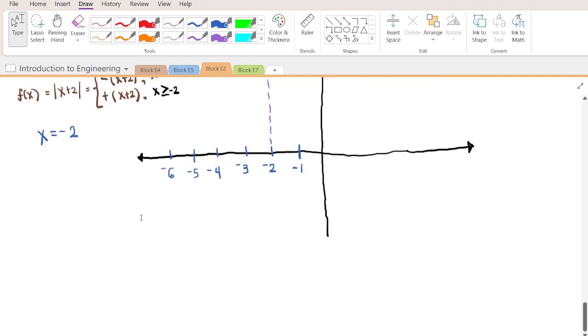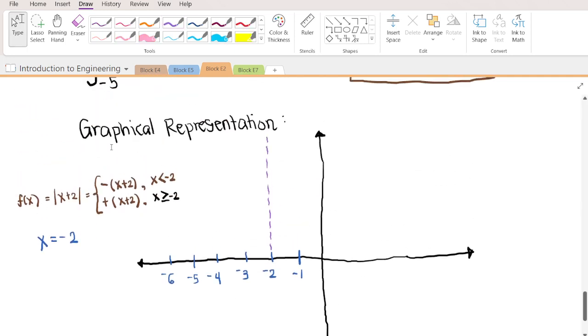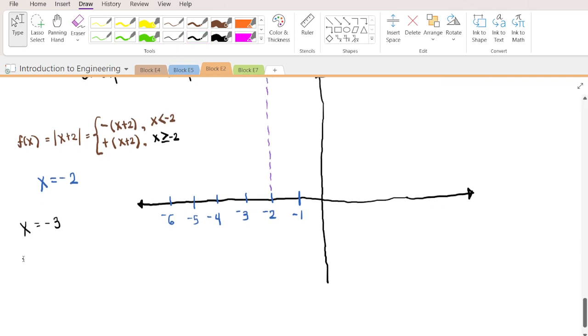So if the value of x is less than negative 2, let's say negative 3. For example, if x is equal to negative 3, then we need to use this first piecewise function here. So y, the function of x, is equal to negative of negative 3 plus 2. So it's negative 3 plus 2, which is negative 1, and the negative of negative 1 is always positive 1.